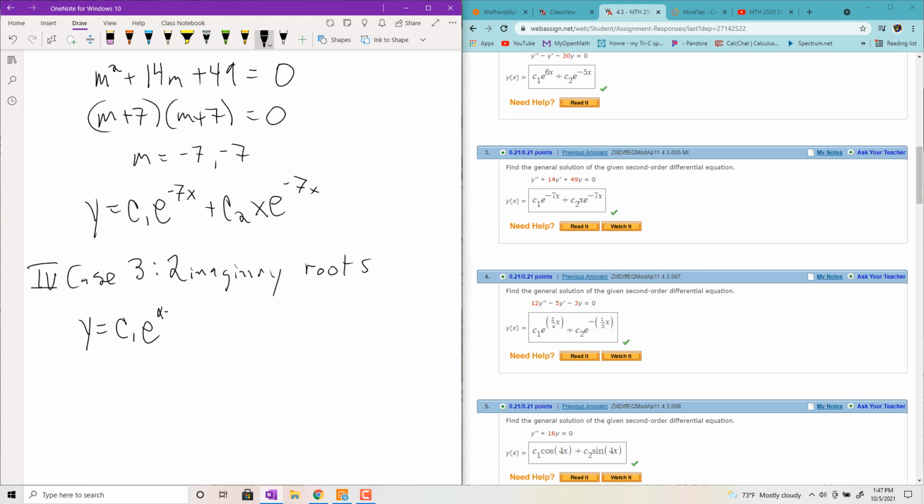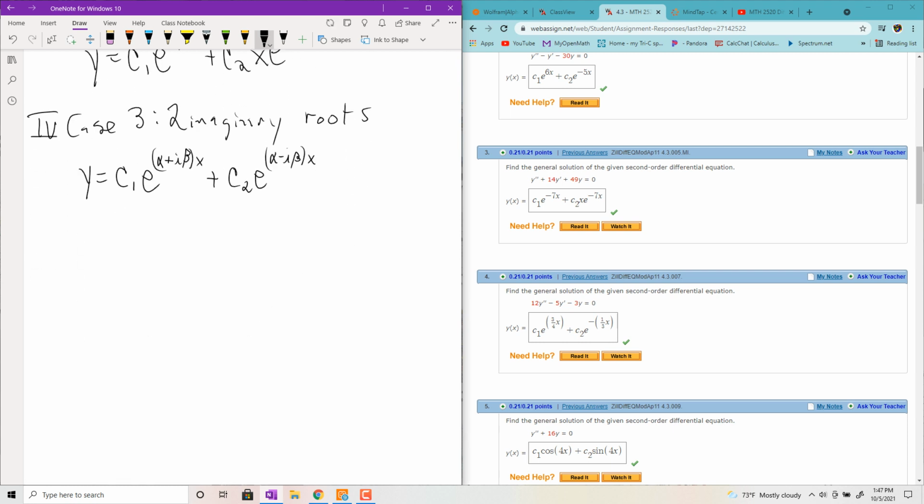So say you have alpha plus i beta x. If you have that as one of your roots, you automatically have alpha minus i beta as your other root. So c2 e to the alpha minus i beta x. That is officially the answer, but it's not the form we want. We don't want to have to work with the imaginary numbers.